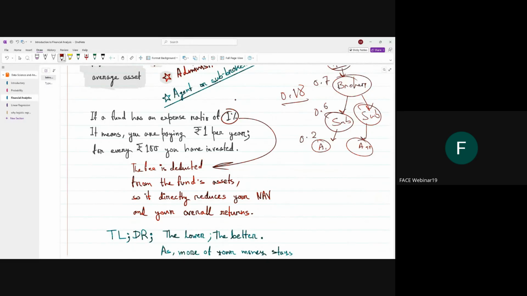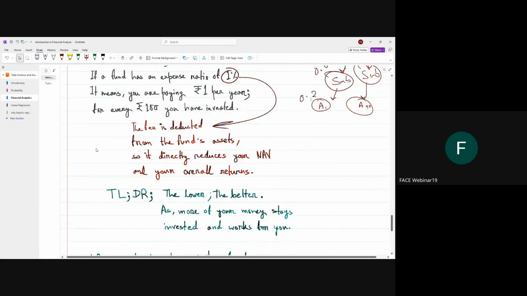If a fund has an expense ratio of 1%, it means you are paying ₹1 per 100 from your investment. This is a flat cut. It directly reduces your total gain, your total possible wealth, over the overall tenure of your investment.